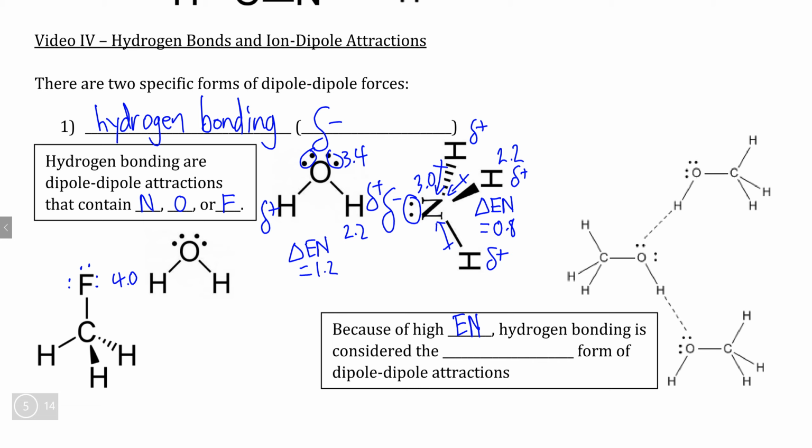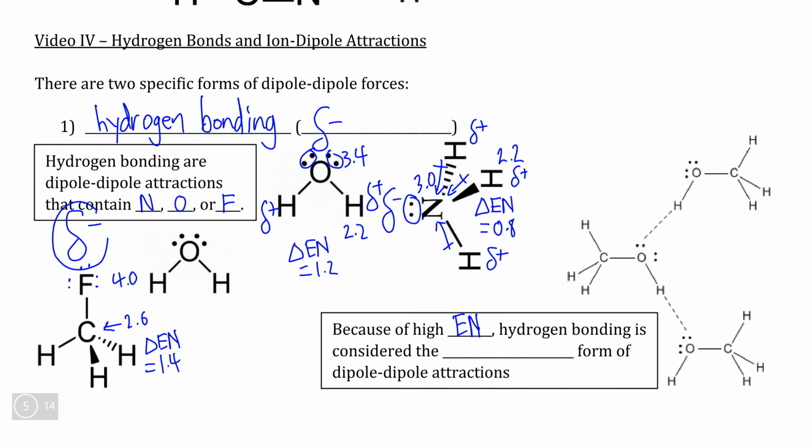We see that this fluorine, even though it's bonded to carbon, because its electronegativity is so much higher than any other element, this dipole is going to be even stronger than the other ones because of an even bigger electronegativity difference. That means that its negative pole, there's only one, not two, is going to be stronger than the one on oxygen in water or the nitrogen in NH3.